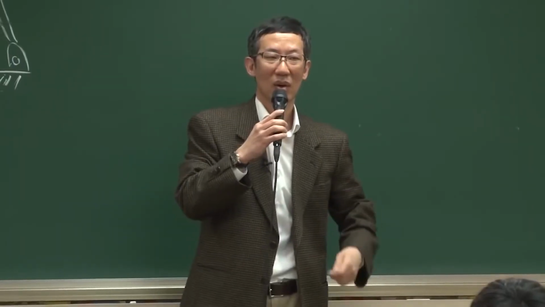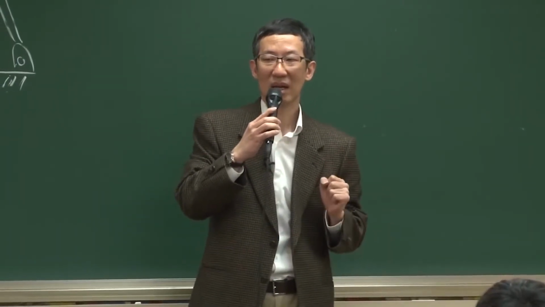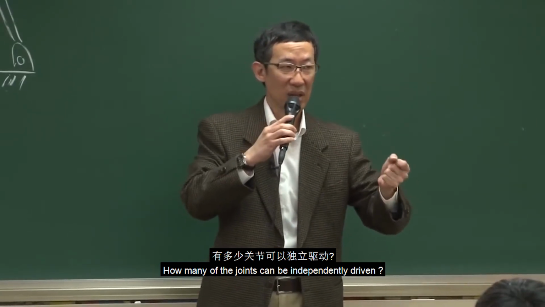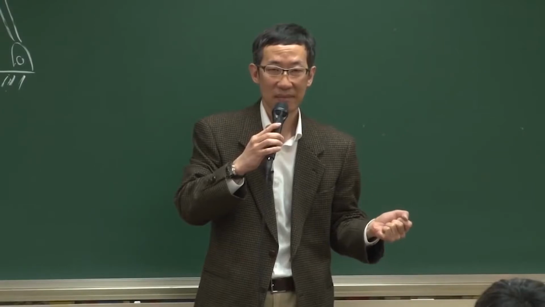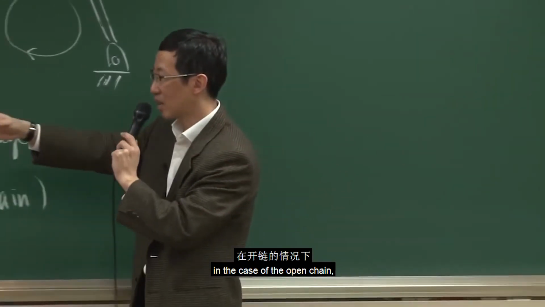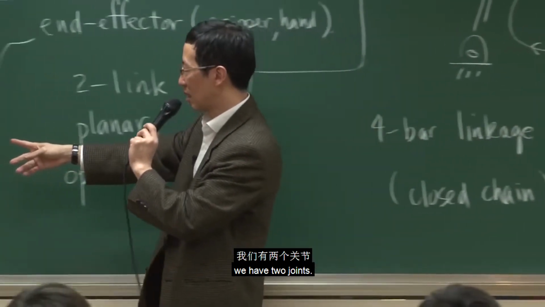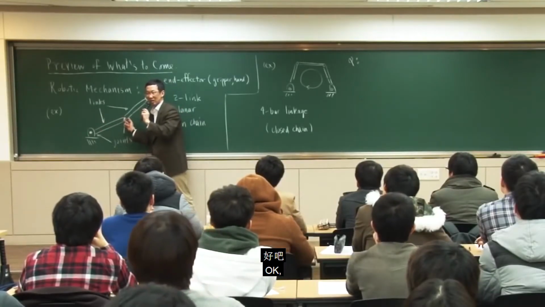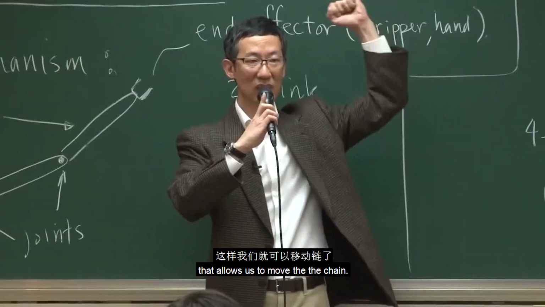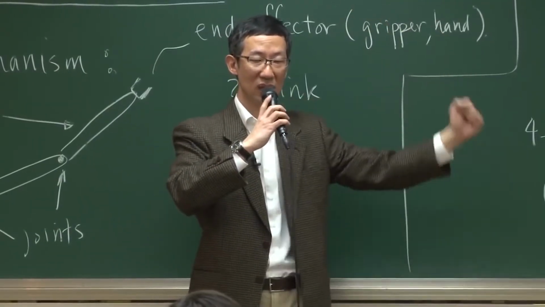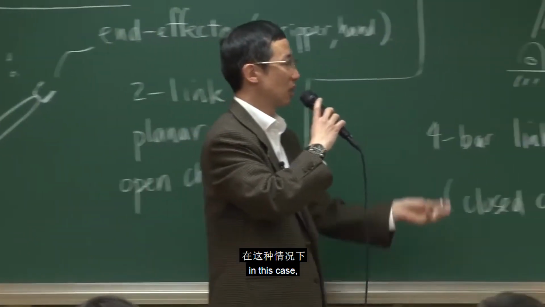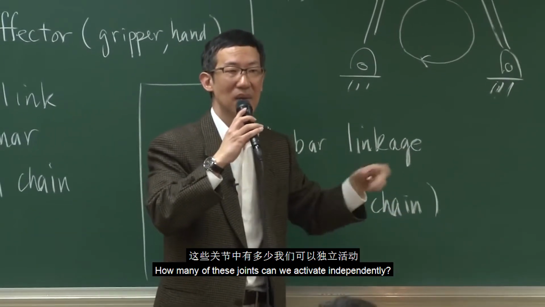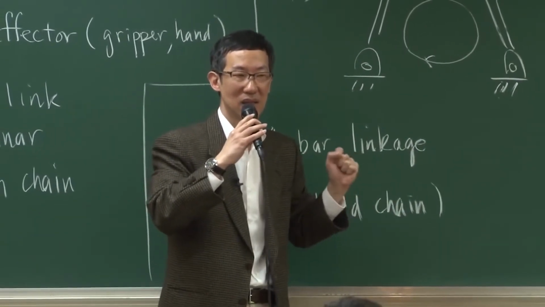Okay? Let me ask the question another way. How many of the joints can be independently driven or independently actuated? Okay? Now, in the case of the open chain, we saw that we have 2 joints. We want a motor at each joint. Okay? Then that allows us to move the chain. Now, in this case, we have 4 joints. Okay? How many of these joints can we actuate independently?